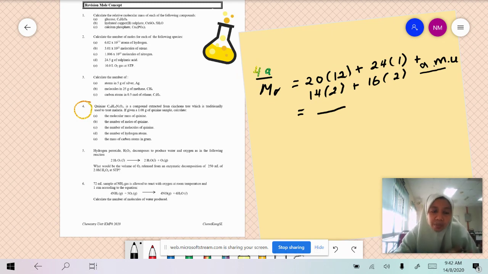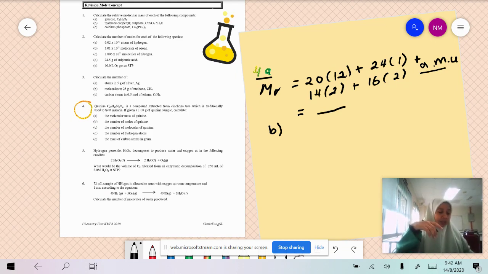Now, in 4B, it says you need to calculate the number of mole. What you have here is mass. You are given the mass, and from part A you have the molar mass, because molar mass is basically the same value as molecular mass, only in a different unit.